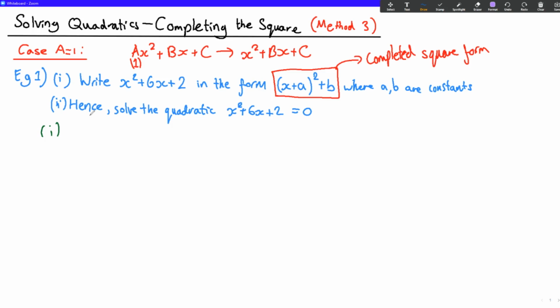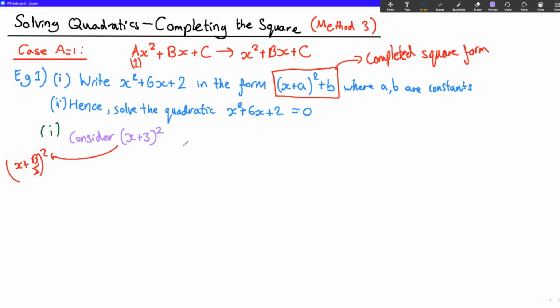Okay, so there's a bit of theory here, so I just want you to consider this. Now, this here, x plus 3 squared, you might be asking, where did it come from? All I'm doing here is, technically, I'm writing this.